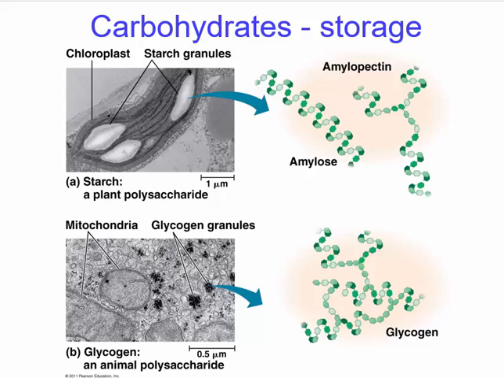So storage, energy storage, in plants, we see this happening in starch granules, so amylose and amylopectin. In animal cells, we see this with glycogen. So your liver stores sugars in this big complex molecule called glycogen. Those individual glucose molecules can be broken off as they're needed, but this is how energy is stored.